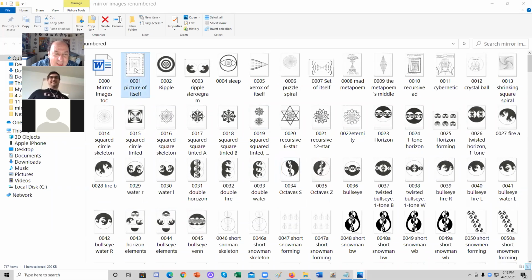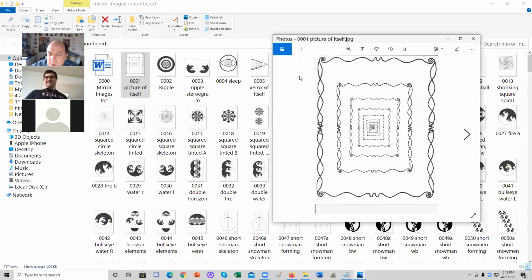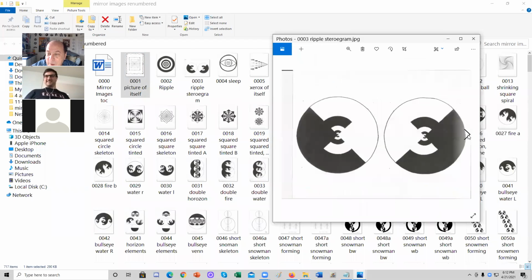Of course, these are the early ones. This was one of the very first ones I made. Here it's a single point of fractal, a picture of itself. All right, ripple. Here, if you cross your eyes, then this is black and this is white, and these turn black but white and white but black.